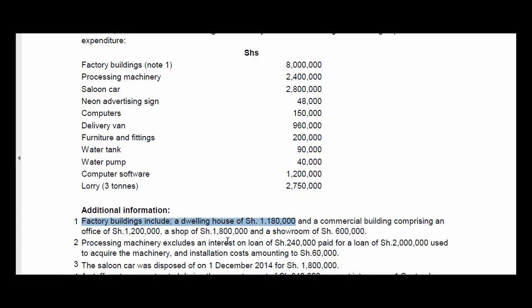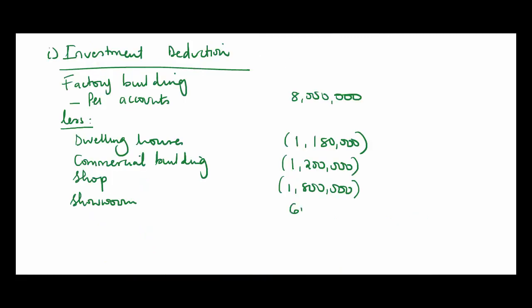Showroom was how much? 600,000. So when I deduct that, I get that my factory is at a net of 3,220.